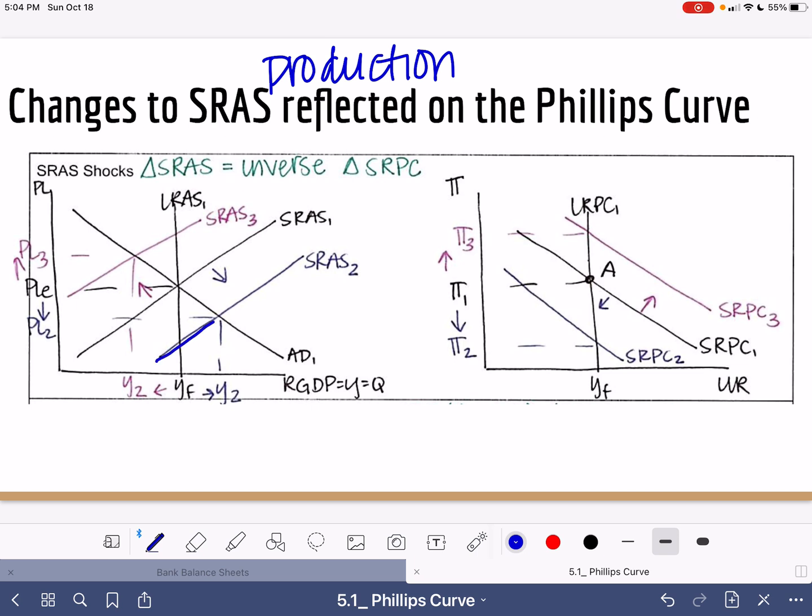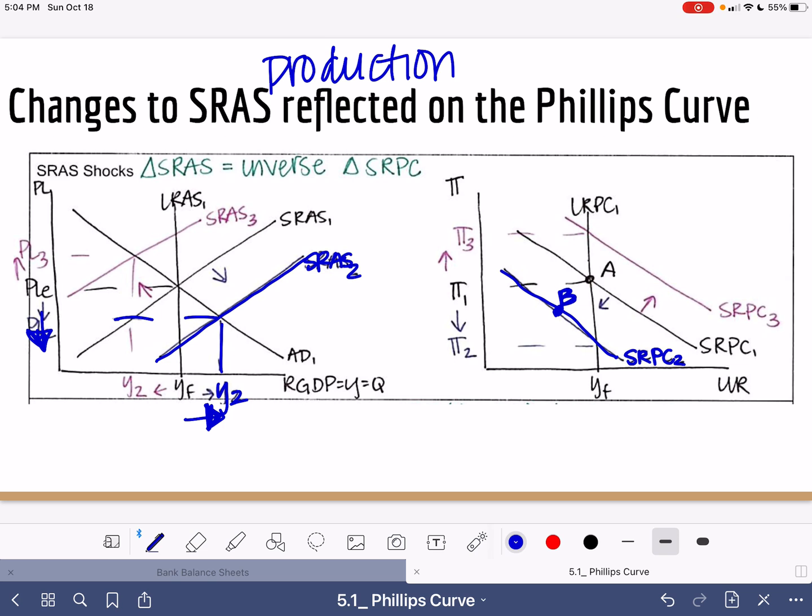So if we look at an increase in short-run aggregate supply first, we have decreased unemployment and we have decreased the price level. So now if we go to our Phillips curve, we are going to short-run Phillips curve 2. We are shifting in the inverse direction. So on the market economy, it goes to the right, but on our Phillips curve, it's going to go to the left. And we're not on equilibrium anymore.